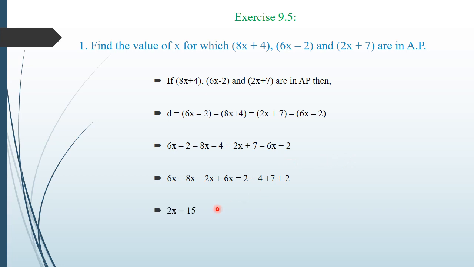When I further simplify, 6x minus 8x will be minus 2x, minus 2x, that will be minus 4x, plus 6x will be plus 2x, is equal to 2 plus 4 plus 7 plus 2, that is nothing but 15. Therefore the x value I will be getting as 15 by 2. Therefore if the x value is 15 by 2, then these terms are going to be in AP.